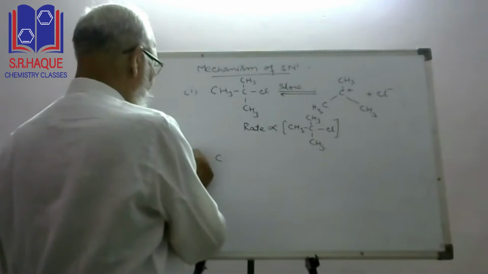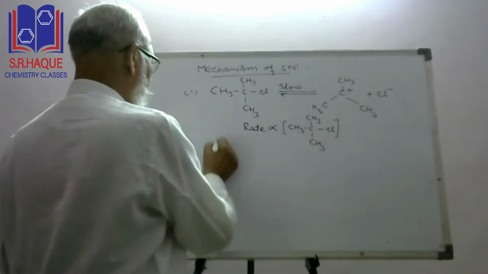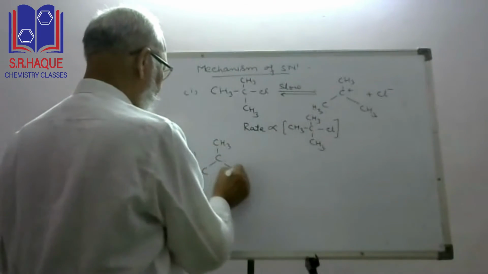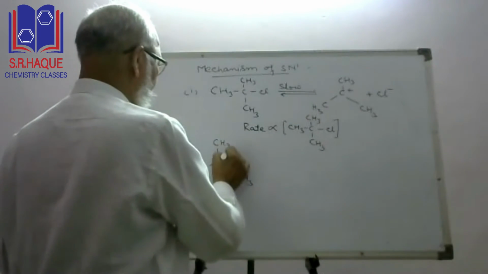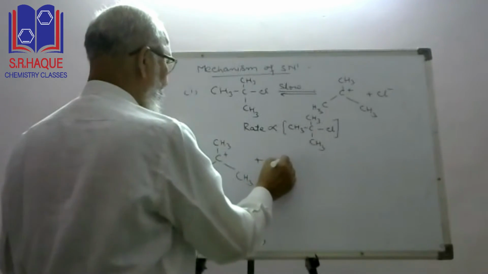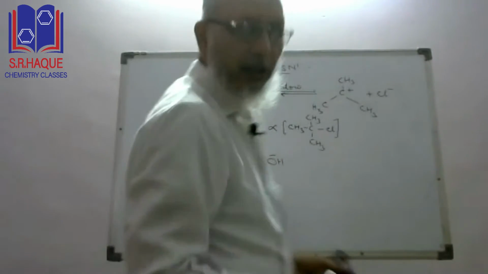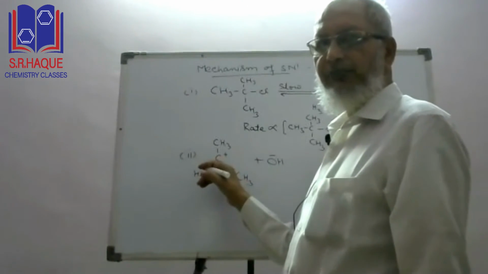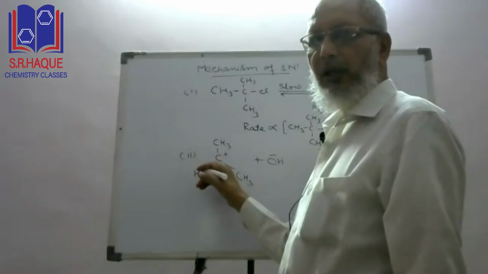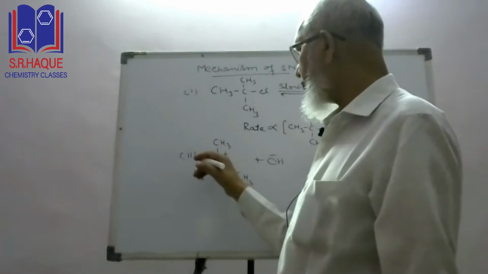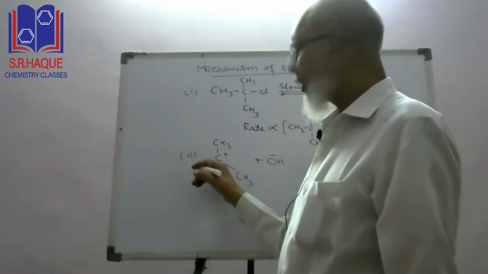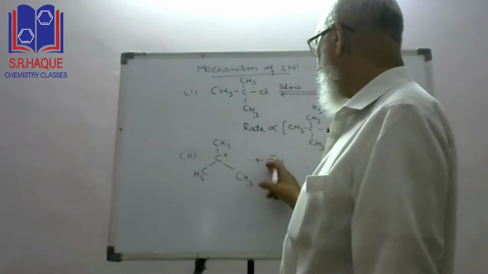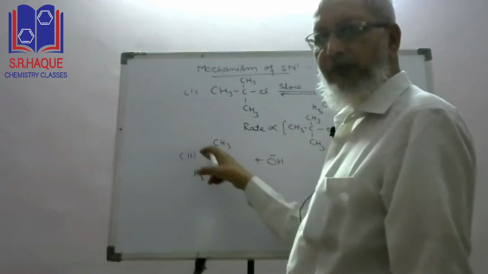Now in the second step, the attack of the nucleophile on this carbonium ion takes place. As you are seeing here, this carbonium ion is planar, that is, it has an sp2 hybridized carbon atom, therefore both sides are vacant, and the nucleophile can attack either from the front side or from the back side.